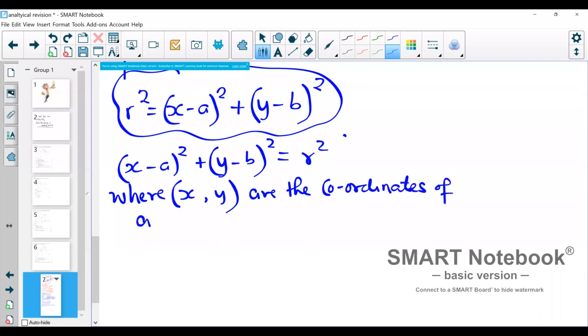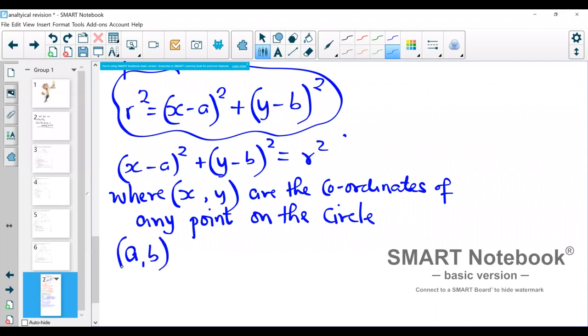Of any point on the circle. A and B are the coordinates of the center of the circle.